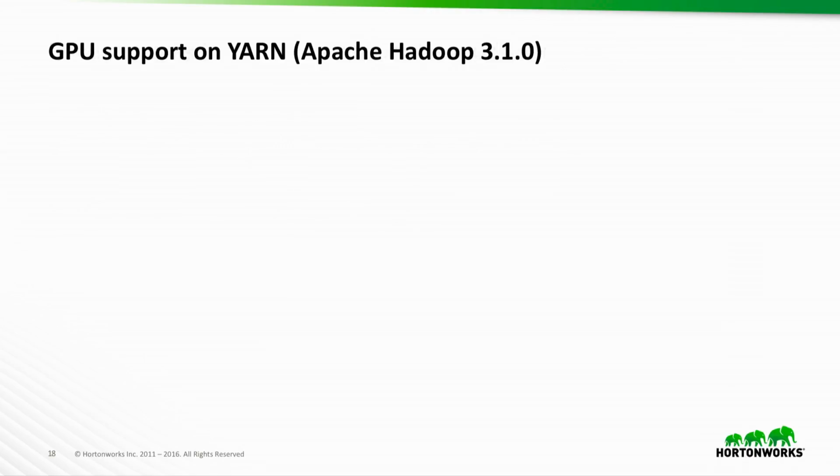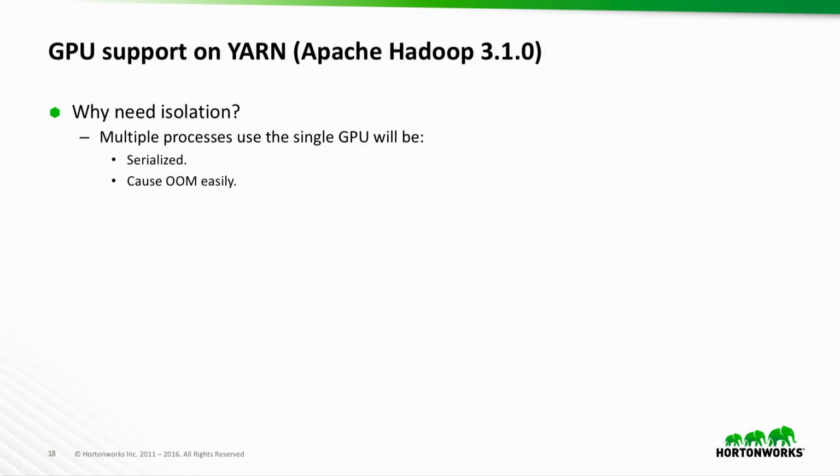For GPU support on Yarn, the first question is why we need isolation. This is because if we put multiple processes on a single GPU, the second one trying to use the GPU resource needs to wait for the first one to finish.